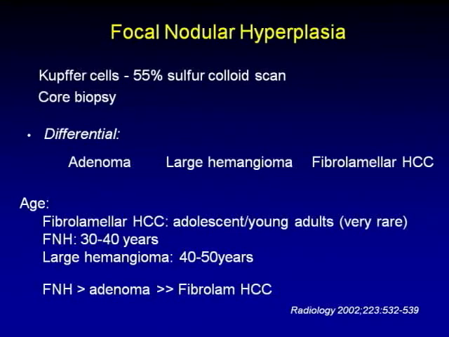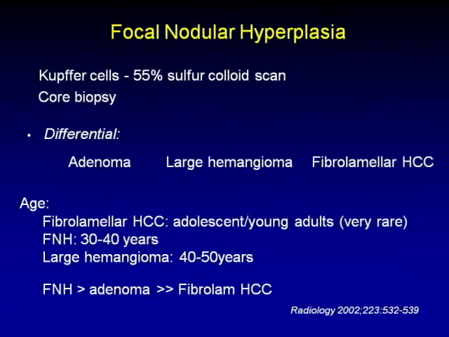So adenoma we talked about as the most common differential. Other things that have a scar include large hemangiomas, but generally speaking, these lesions occur in a much older age group. Patients in their 50s and 60s tend to have the large hemangiomas, and it has a characteristic enhancement pattern. Fibrolamellar hepatocellular carcinomas also have a scar, but that scar appears dark on T2-weighted images.